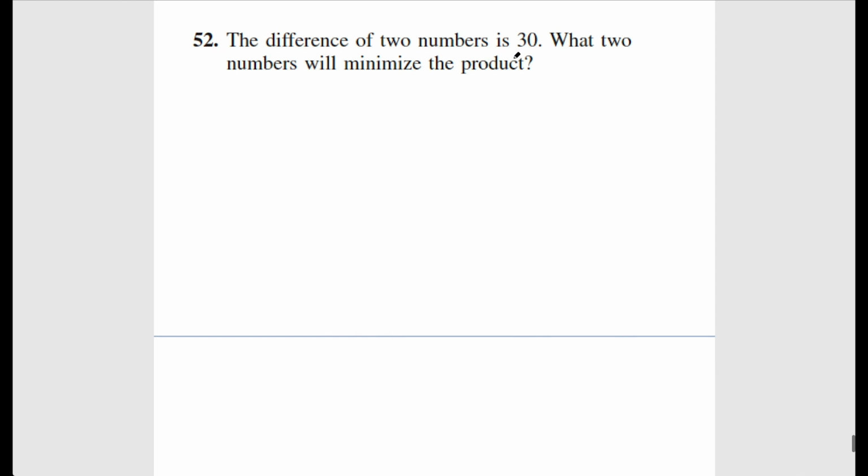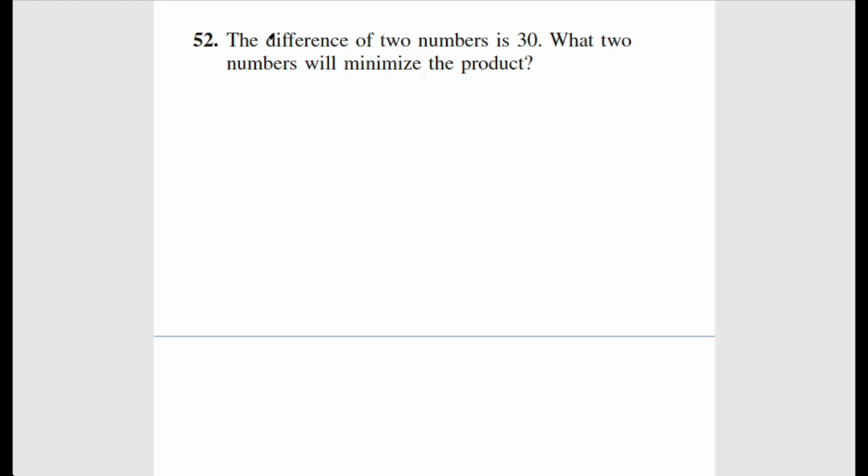The difference of two numbers is 30. Okay, so there are two numbers, their difference is 30. There are many pairs of numbers you can take so that their difference is 30, right? But we don't want all of them. What we want is those two numbers so that the product is minimized.